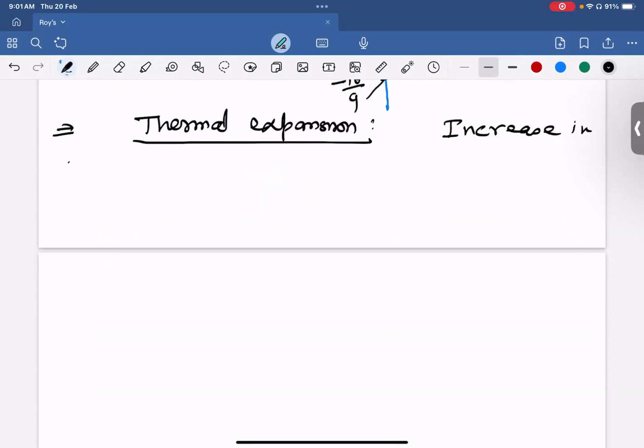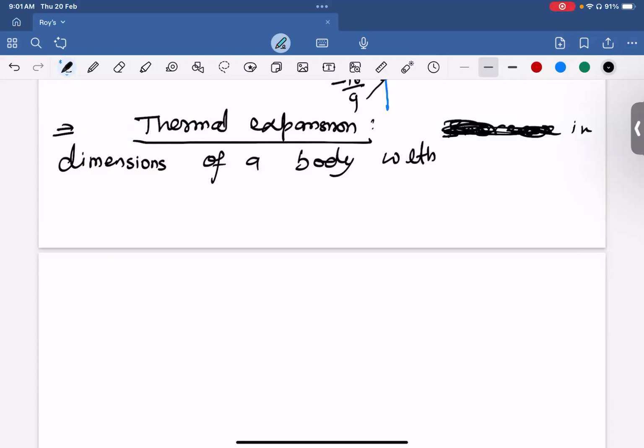Increase in dimensions of a body, or we cannot say only increase, we should say change in dimension, because sometimes it can decrease also. Change in dimensions of a body with temperature.